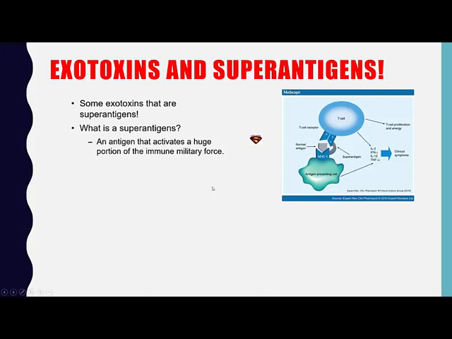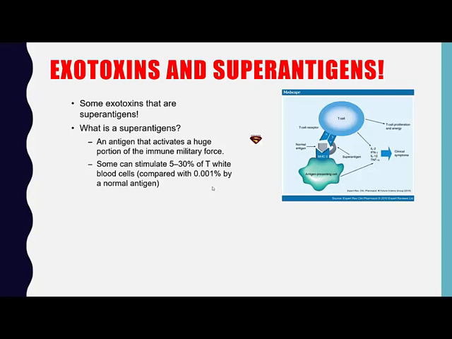There's an invader, so we're having an immune response. That's what antigens do. Antigens generate an immune response. So this gets these two white blood cells kind of going, and they get other white blood cells going, and there you go.